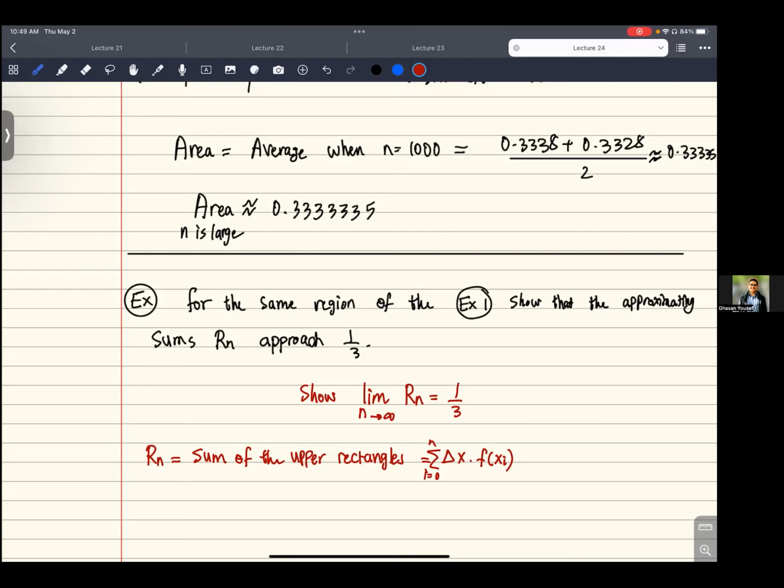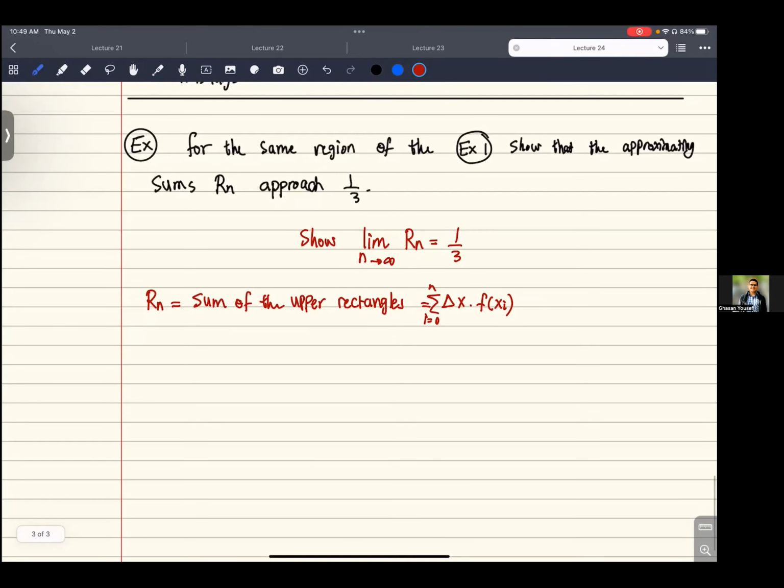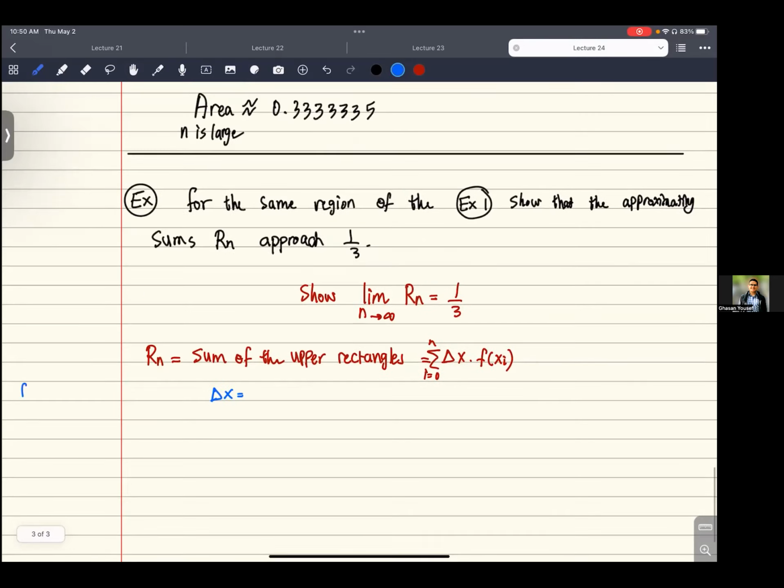Okay, my question here, what is delta x? If I want to find delta x for n, again, I'm not giving you n values. I'm not saying n equal 4 or 5 or whatever. I just ask, what is delta x here? It's the end point minus the first point over n. What is the interval for f of x for the previous one? I said f of x equals x squared from 0 to 1.